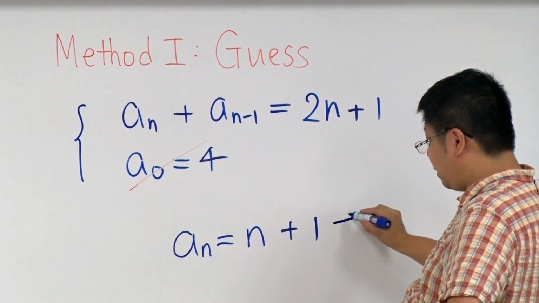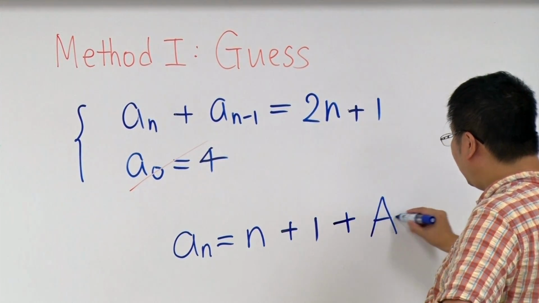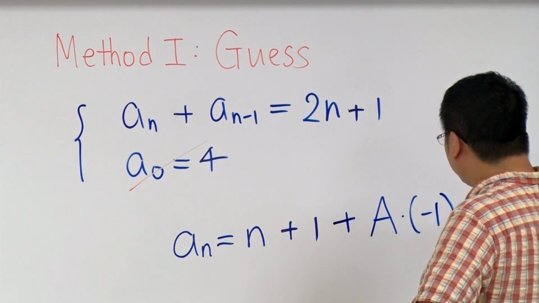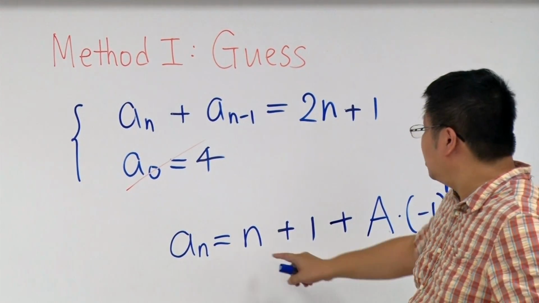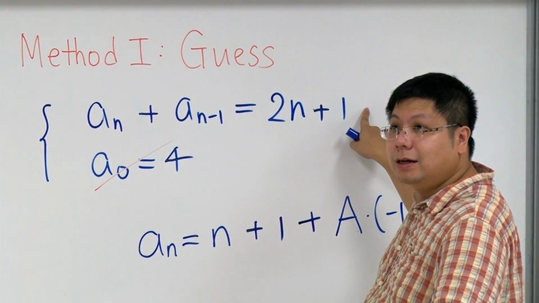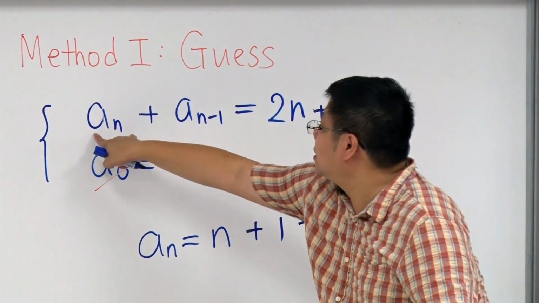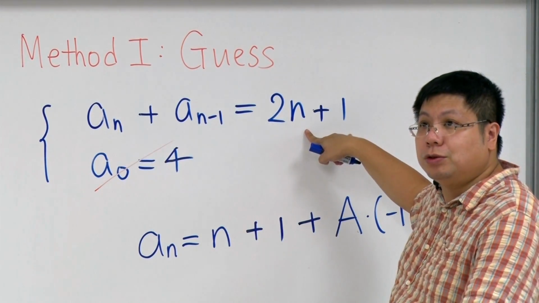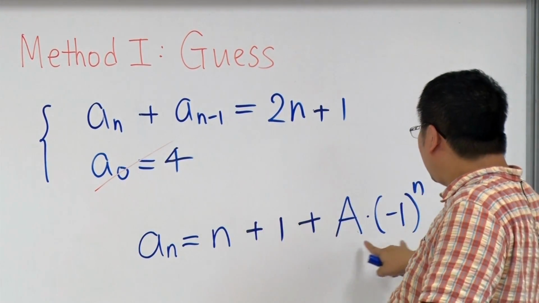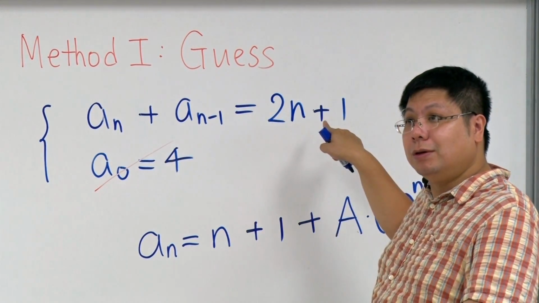But if I add a times minus 1 to the power n there, this whole thing will also work here. Does that make sense? The n plus 1 part will combine to n plus 1. This a times minus 1 to the n part will combine to make 0.